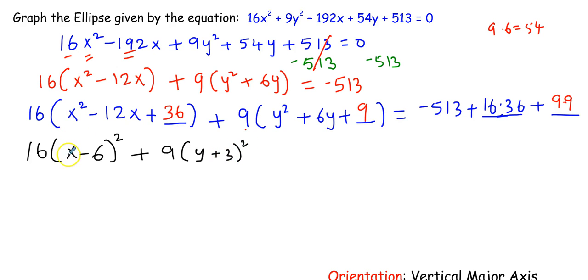Likewise there it was x square and 6 square, 36. In between it is x times 6 times 2, that was 12x. Same way 6y I got there. And on the right hand side it is negative 513 plus 16 times 36 plus 9 times 9.